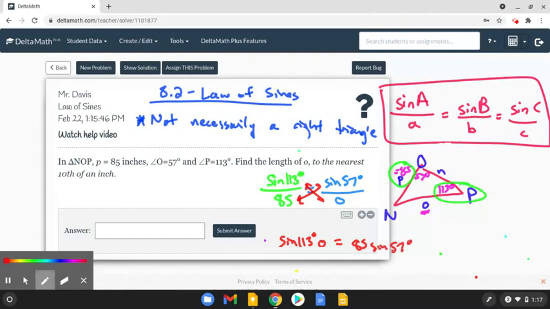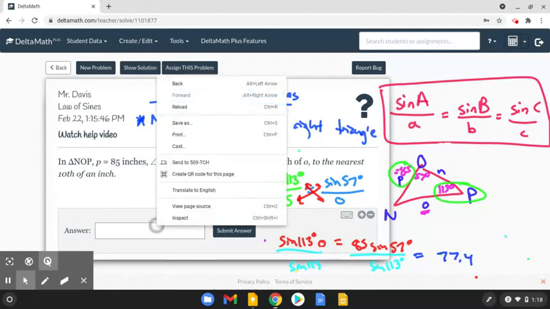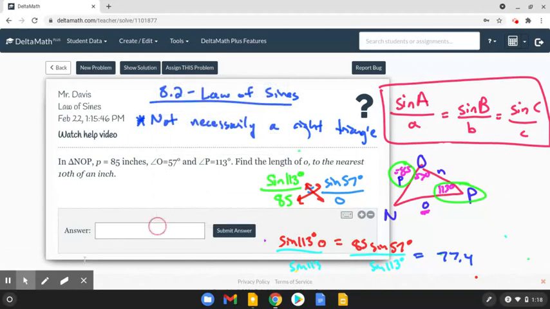To get the o by itself, all we do is divide on both sides by the sine of 113. And evaluate that into our calculator. Again, we just type in 85 sine 57, hit enter, and then divide it by sine of 113. And we get 77.4. And that does seem reasonable. The other one was 85, so 77.4 definitely does seem reasonable.